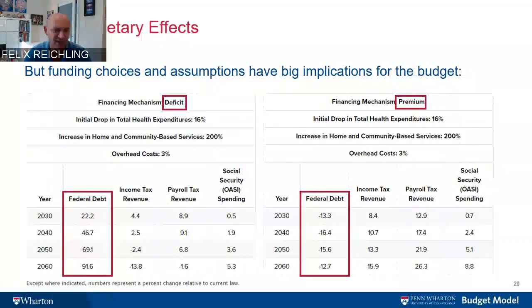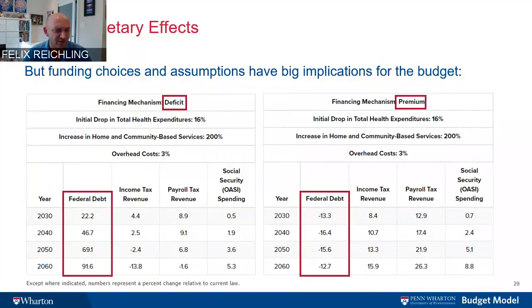The reason why Medicare has a relatively high overhead cost is because of Medicare Advantage. So pure Medicare has an overhead cost of between 2 and 3%. So what we are assuming here is basically that if we go to Medicare for All, the overhead cost will be close to that of current pure Medicare.